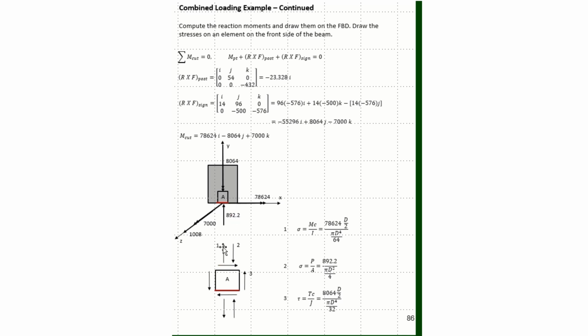That's this number 1 shown here, and it's MC over I. The 8064 is, if I put my thumb in the downward direction as shown here, my fingers would wrap across the cut edge of element A in this direction as shown by this arrow here, and I'd have a TC over J of 8064. The 7000 is at the neutral axis for element A, and the 1008 pierces.